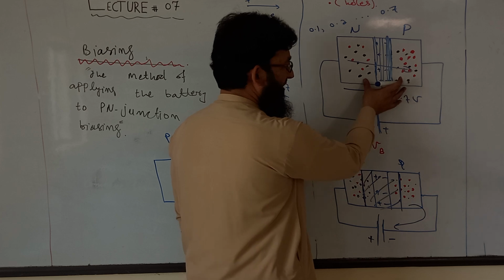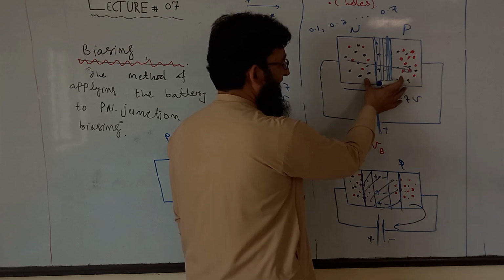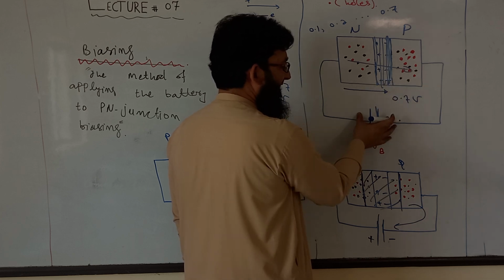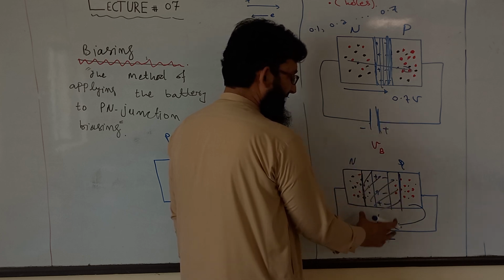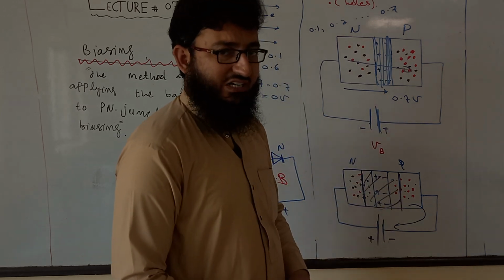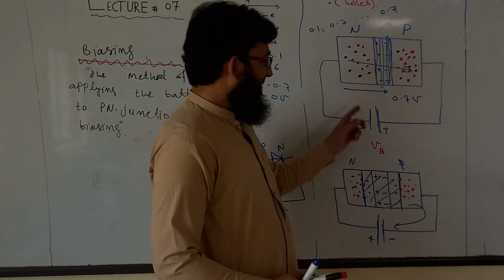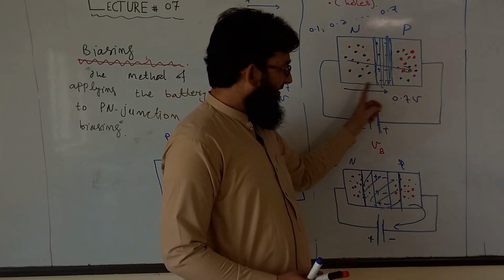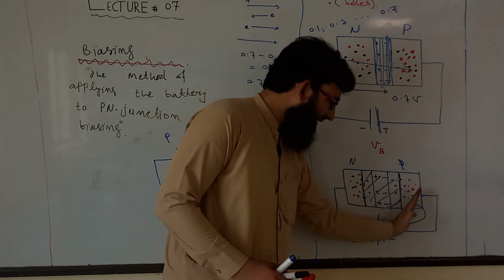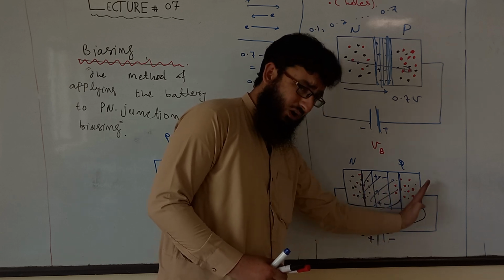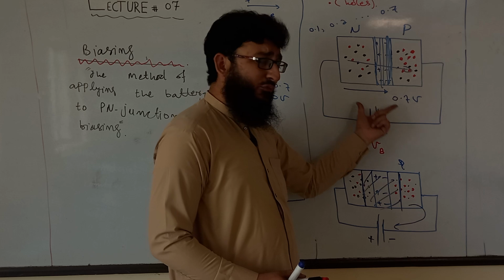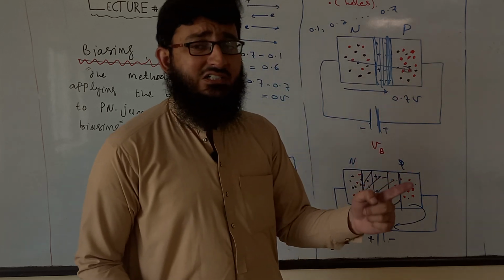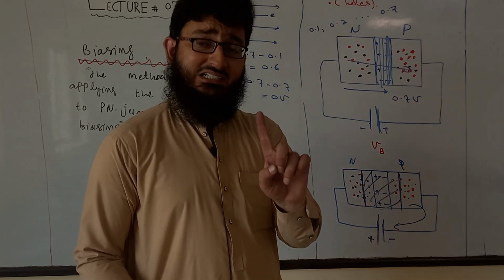Here the current was flowing, so the p-n junction behaves like a conductor when connected to the battery in forward biasing, and here it behaves like an insulator when connected to the battery in reverse biasing. Here the current was flowing towards the right, and here the current is unable to flow towards the right. So we can say that the p-n junction is a device which allows the current to flow in a single direction.